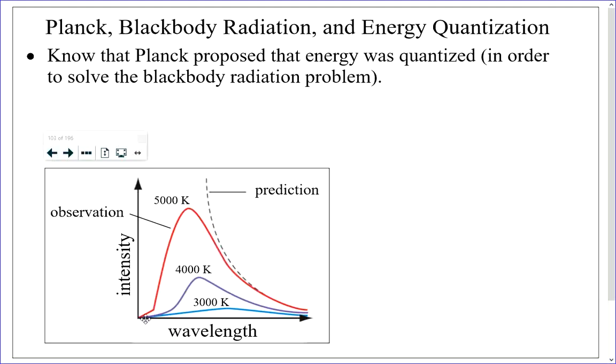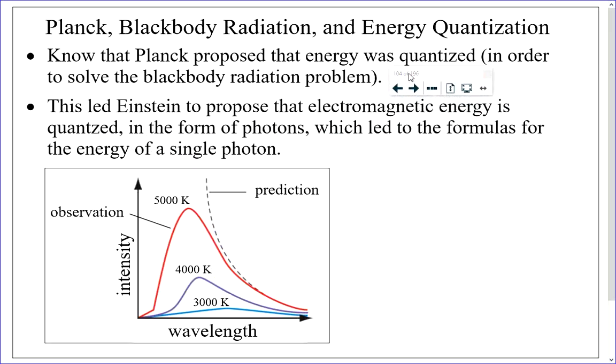But what you would observe in a lab is the red line. So there's obviously a disconnect here between the physics they were using, which is the prediction, and the observation that they see in the lab. All I'm saying up top is that by proposing that energy is quantized, that tweaks the physics prediction to match the observation.